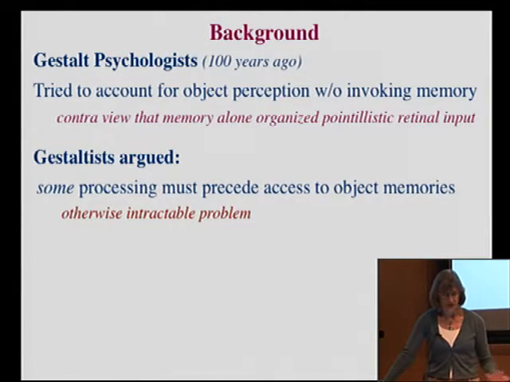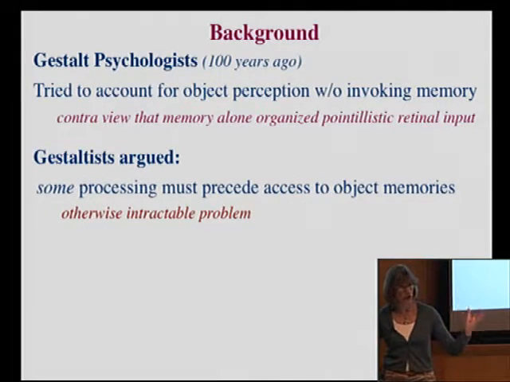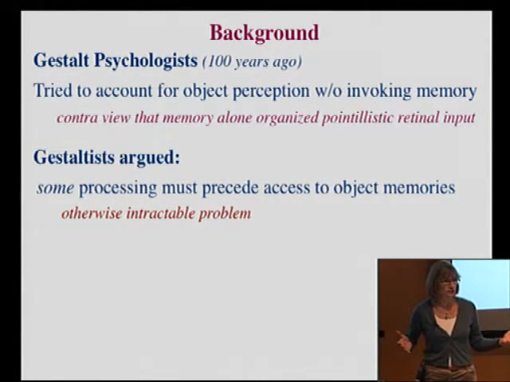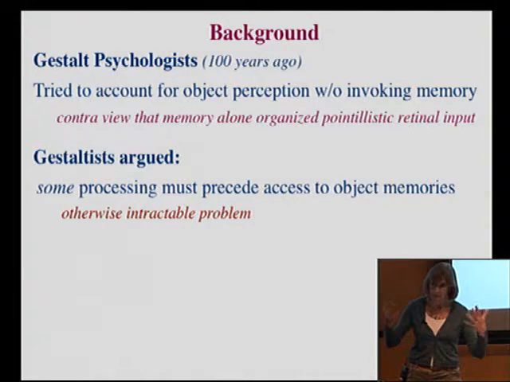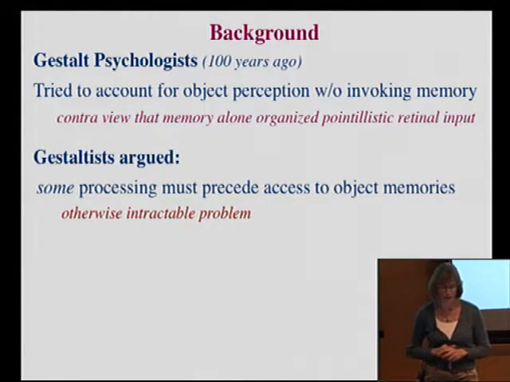So the Gestalt psychologists came in and said, look, some processing of the visual input must precede access to object memories. Otherwise, it would be an intractable problem. If you have a bunch of dots, like the dots I showed you that cohered into a Dalmatian eventually, how would your visual system know which memories to match those dots against, the Gestalt psychologists argued, unless you had some basic organization?